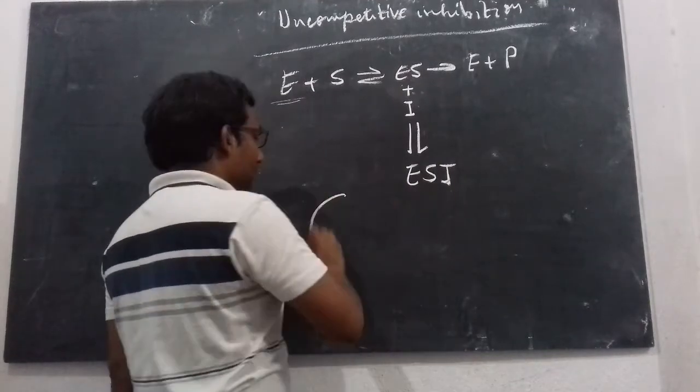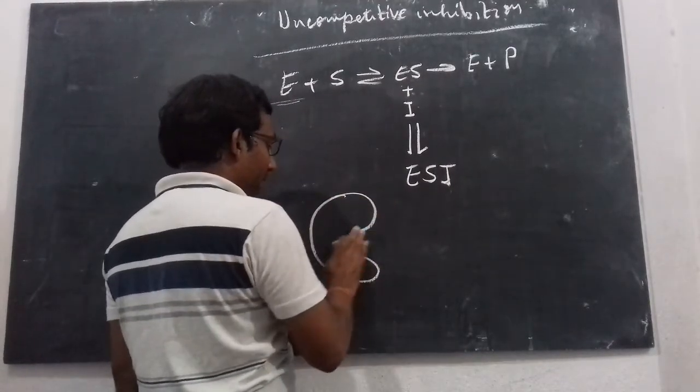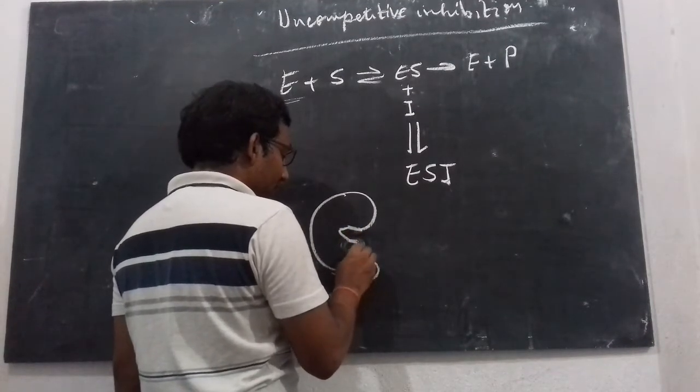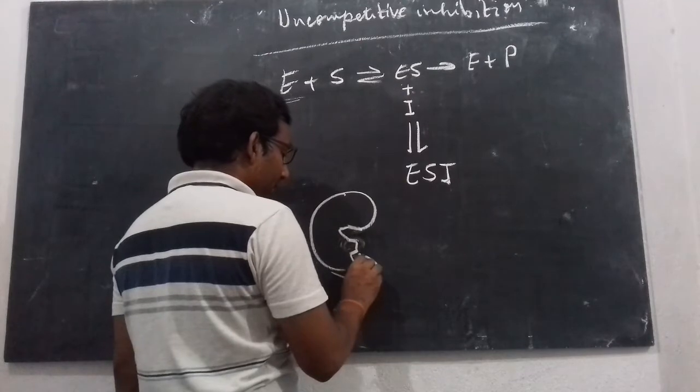So suppose this is the enzyme and we have two sites, one like this and another like this.